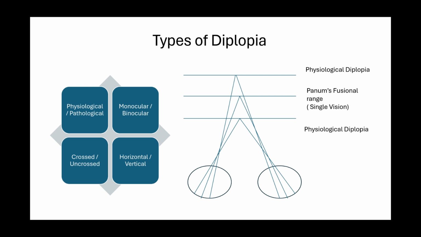And depending on whether it involves two eyes or it occurs even with a single eye, it can be monocular or binocular. And depending on the position of the image in comparison to the original object, we can call it crossed diplopia or uncrossed diplopia, and depending on the orientation we can classify it as horizontal or vertical.